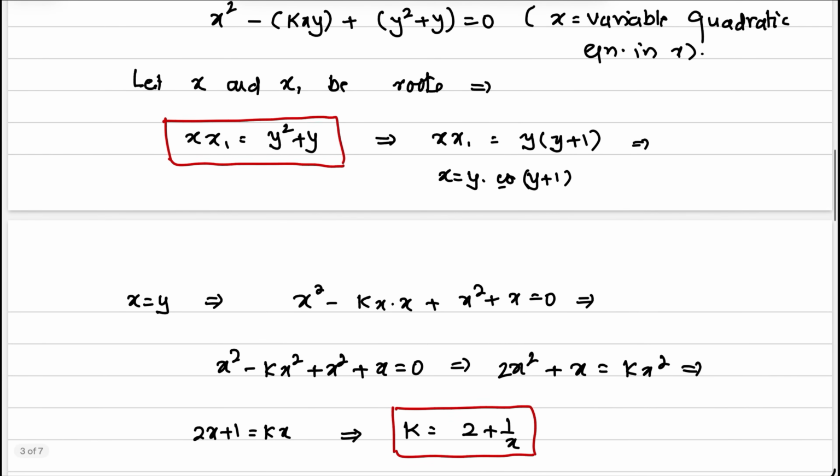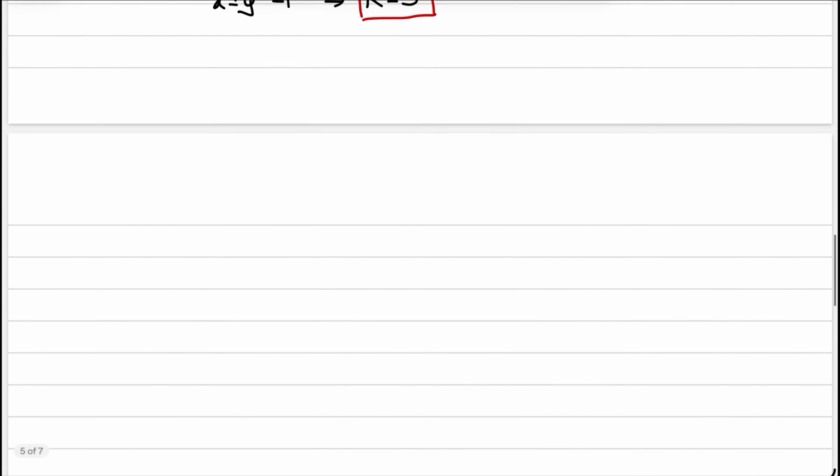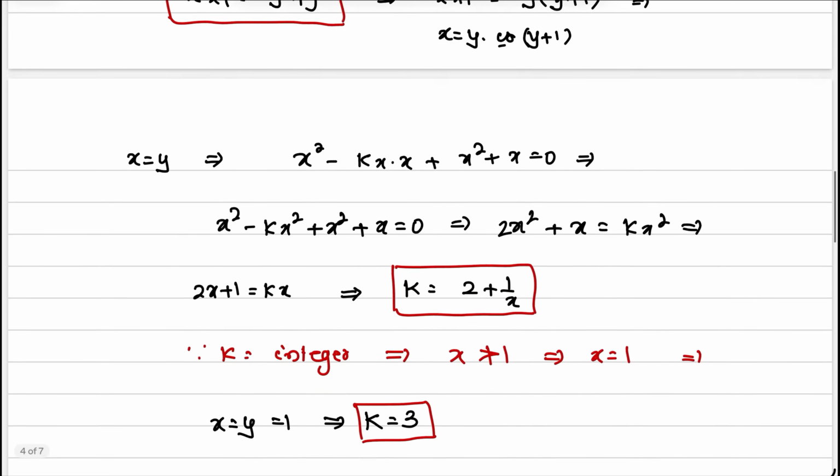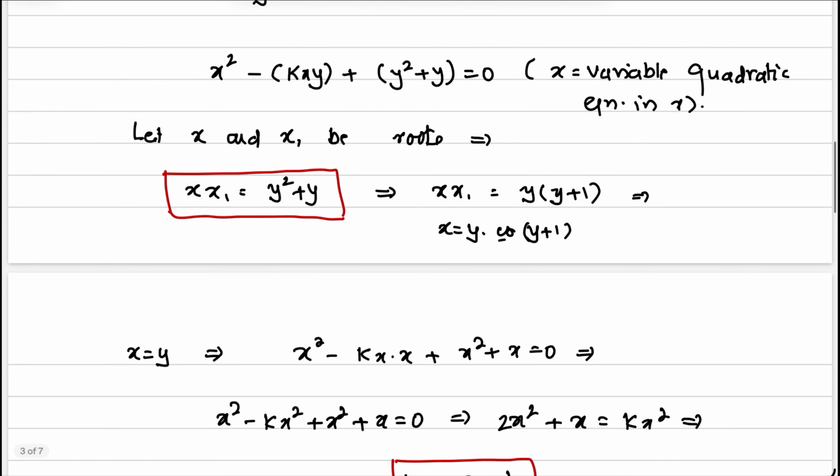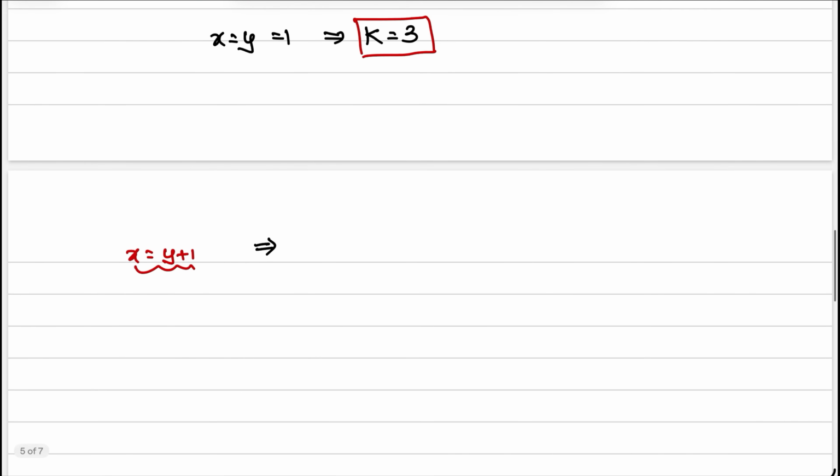And second, what is it? x is equal to y plus 1. This implies, what is the original equation? Not the original equation in terms of x and y: x square minus kxy plus y square plus y.